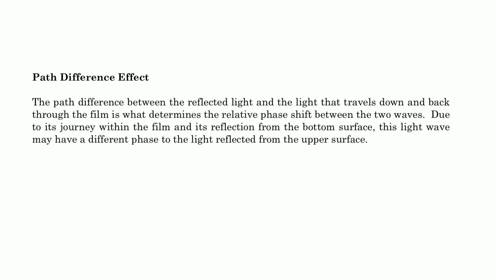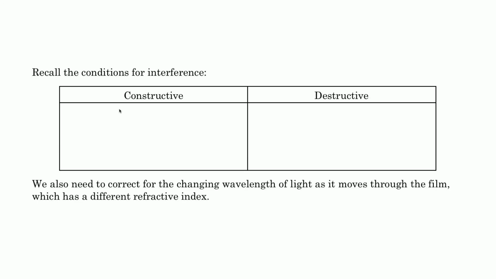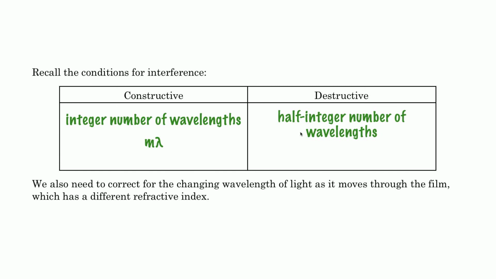And so let's just remember that. Here are our conditions. If the path difference happens to be an integer number of wavelengths, that's m lambda, then we see constructive interference. However, if the path difference is a half integer number of wavelengths, or (m + 1/2) lambda, we would see destructive interference.